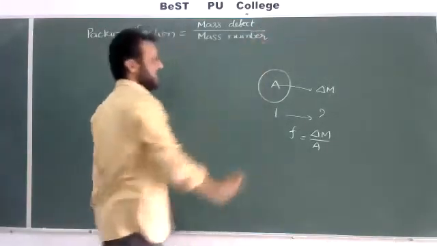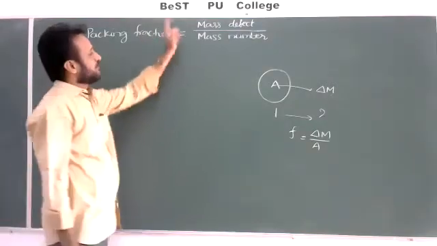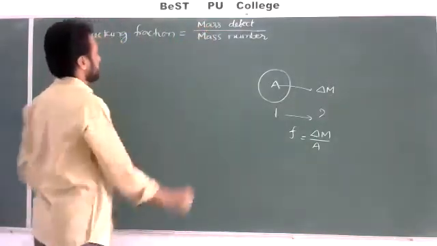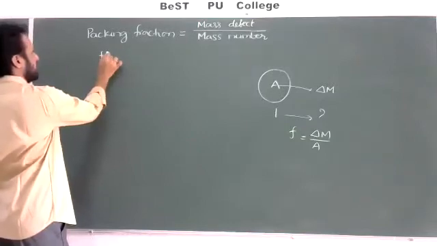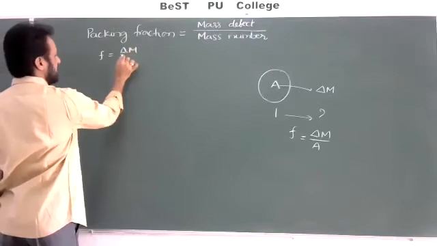So we can write a simple formula. Packing fraction is equal to mass defect divided by mass number.